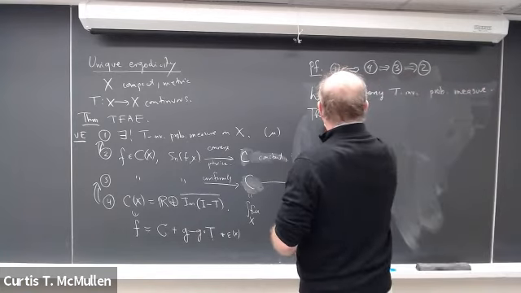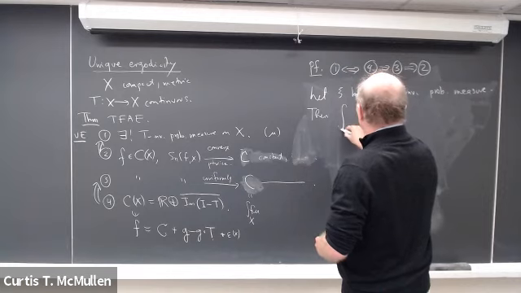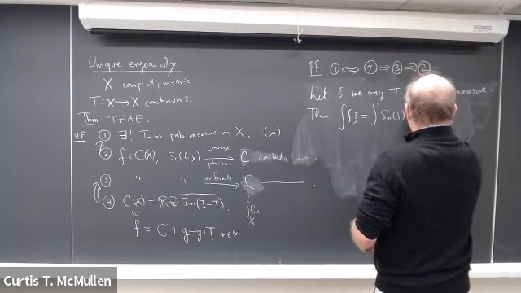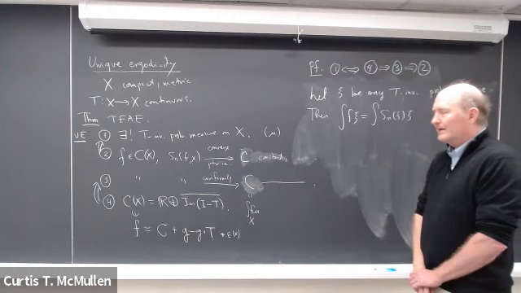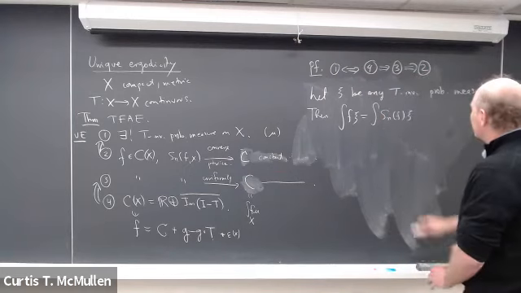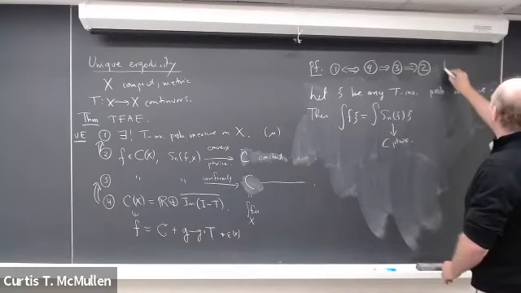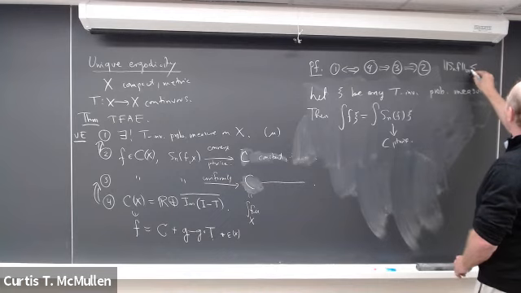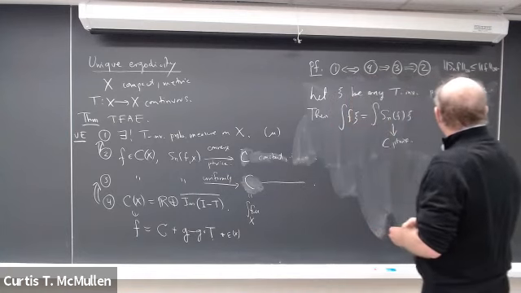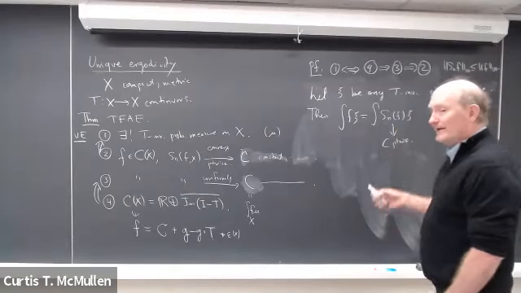Then, of course, by invariance, we have this great property that the integral of f with respect to mu is the same as the integral of S_n of f with respect to mu. And now we have 2, so we know that these S_n's converge pointwise to a constant, c. But also, we know that the L infinity norm of S_n of f is less than or equal to the L infinity norm of f. We're just averaging a bounded sequence, bounded by the sup norm of f. And so these integrands are also bounded.